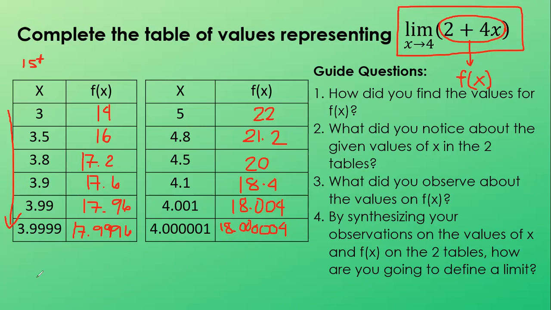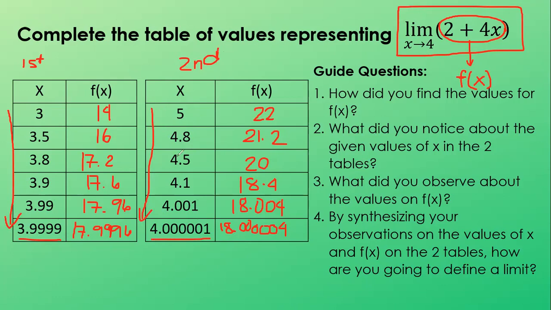Okay, and that is 4, no? So we have noticed that in the first table, the values of x are increasing and approaching 4. Second table naman, we have noticed that the values of x are decreasing but also approaching the value of 4. Okay, so it gets closer and closer to 4.